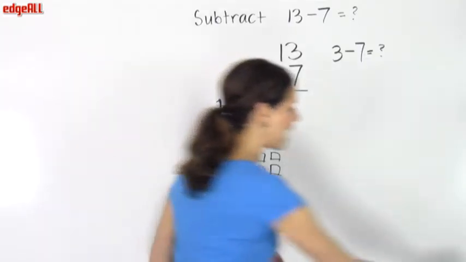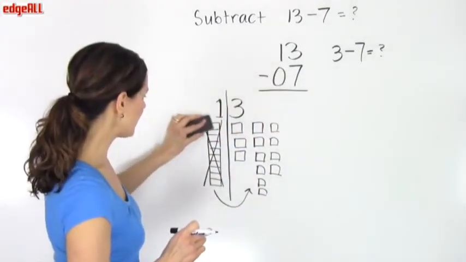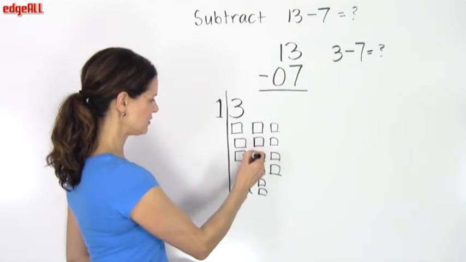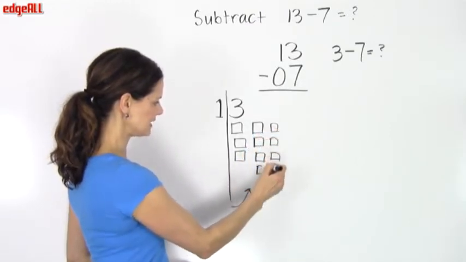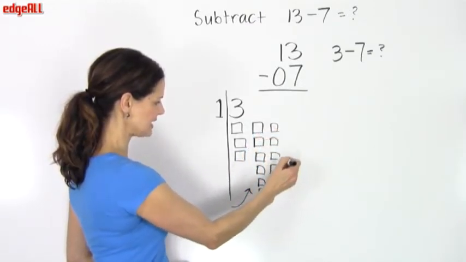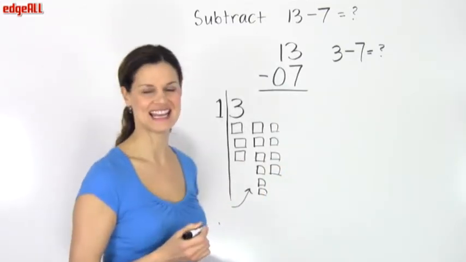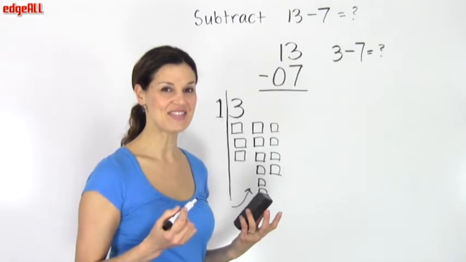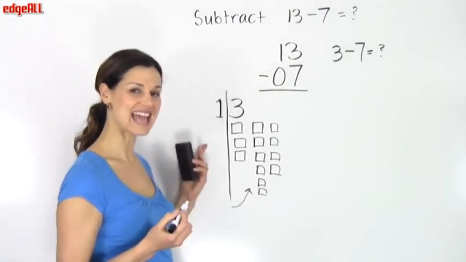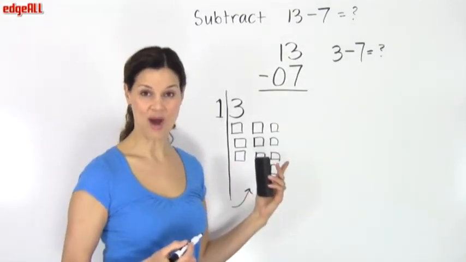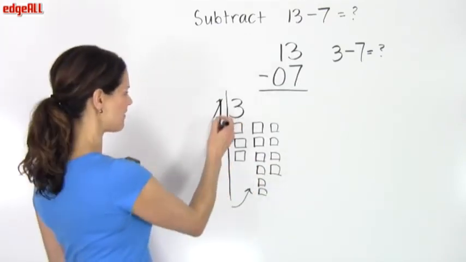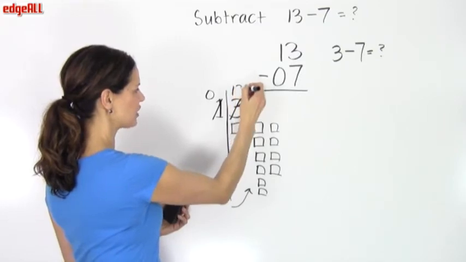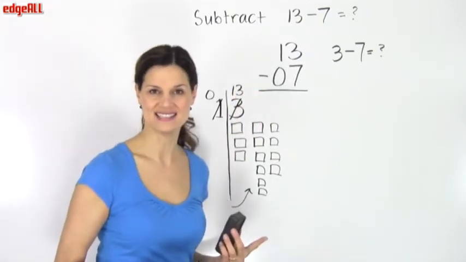I still have the same number of squares: 1, 2, 3, 4, 5, 6, 7, 8, 9, 10, 11, 12, 13. But instead of thinking of it as 1 ten and 3 ones, I now think of it as no tens and 13 ones.